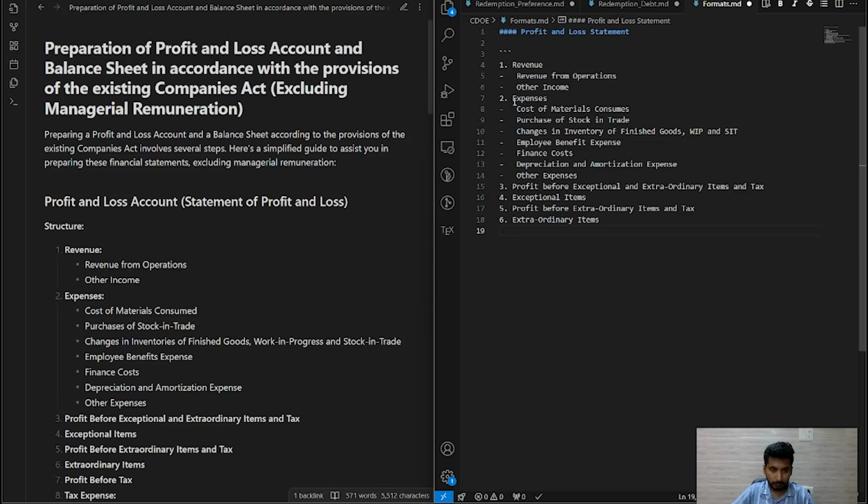After that will be the profit, that is the seventh head, which is profit before tax. Eighth head would be the tax expenses.